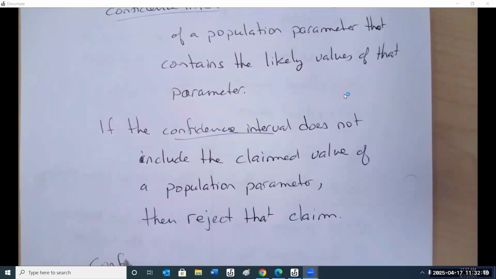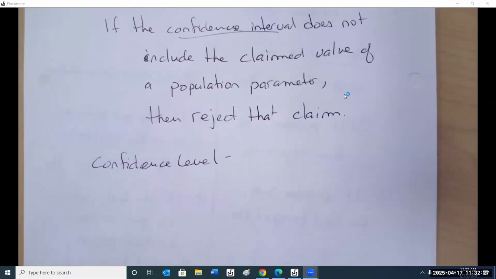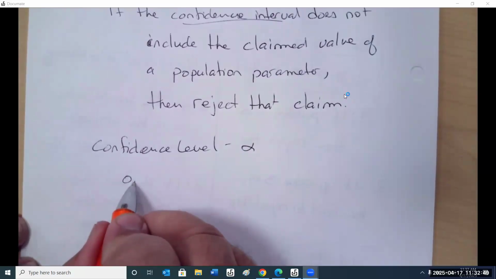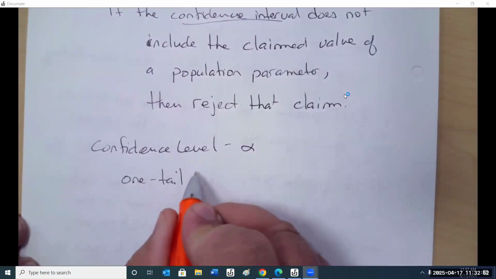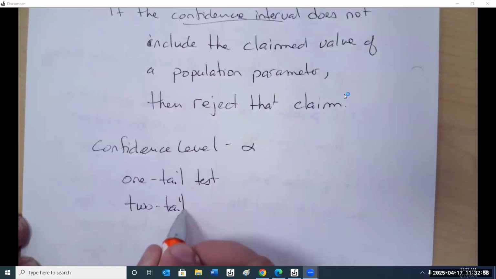Then we look at confidence levels. What is exactly a confidence level? If it's a one-tailed test or if it's a two-tailed test, what do we call it?